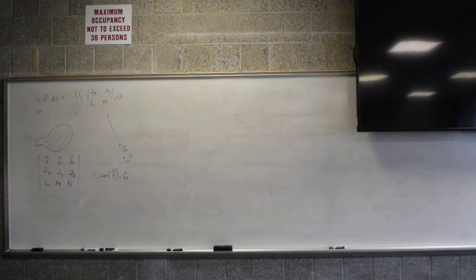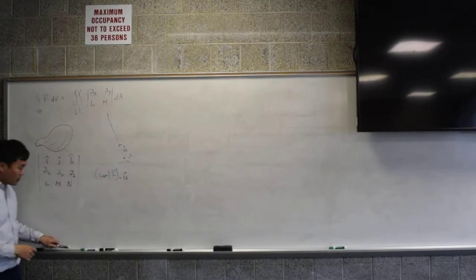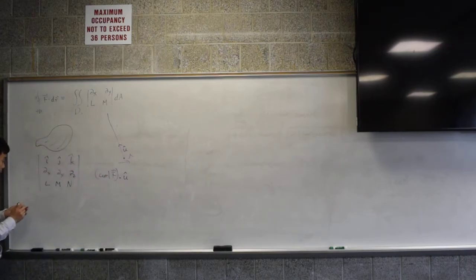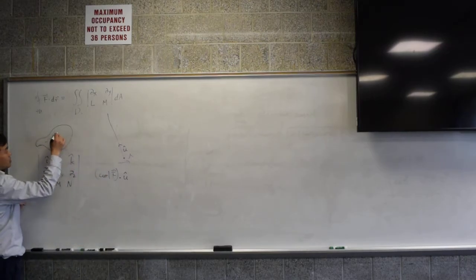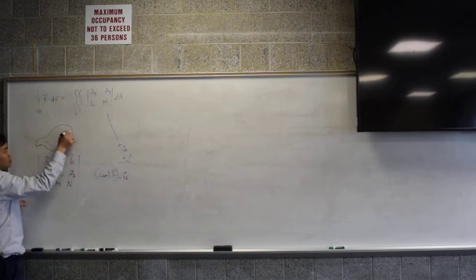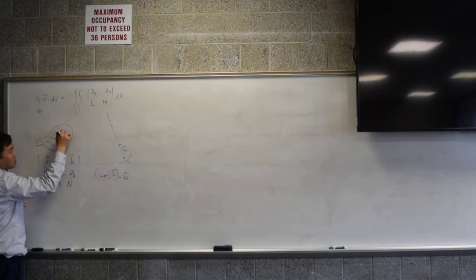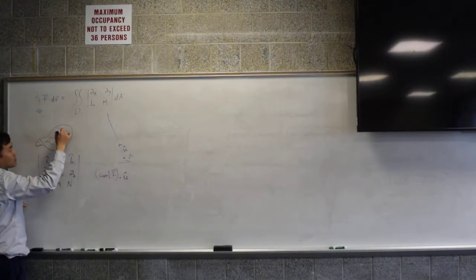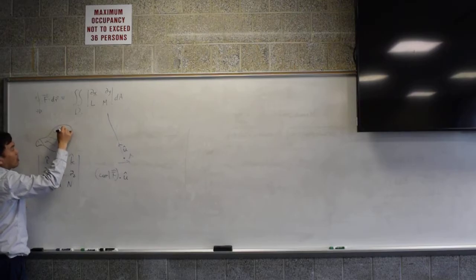Okay? So once you know that, then you do something similar. You cut this into many small pieces, and at each small point, the curl is some vector field, and then you choose this upward normal vector.